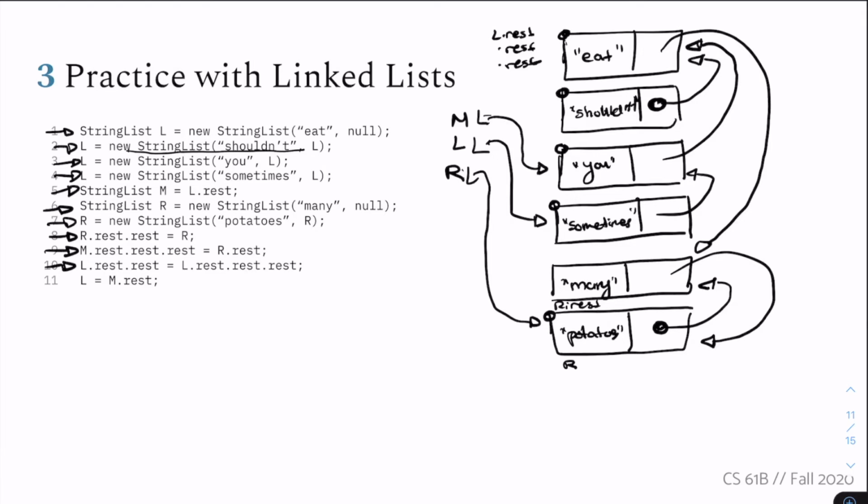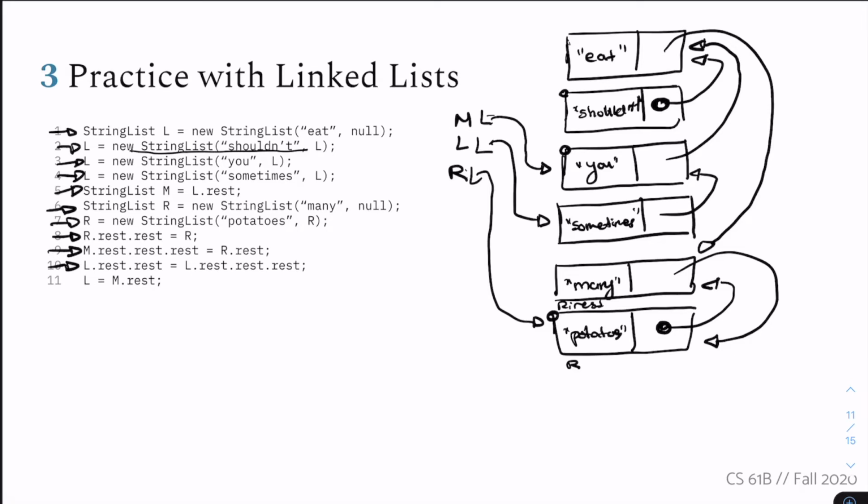And now the last thing we do is we set L equal to m.rest. And so what that means is we have m, hold on, let me get rid of these little marks in the corner again. Okay, so we have m right here, and then m.rest points to this object.